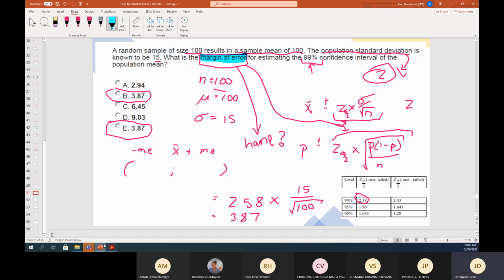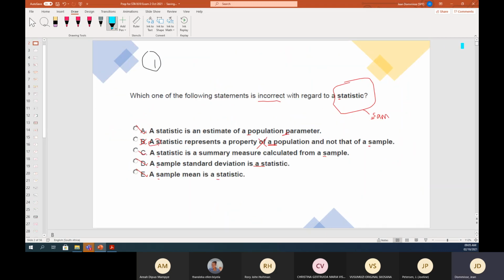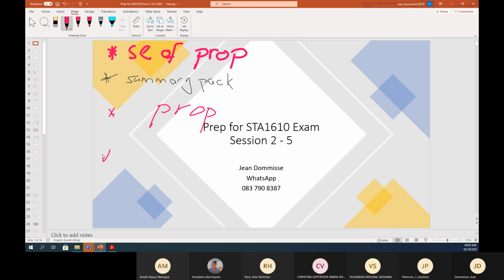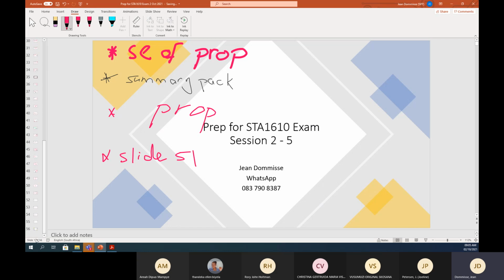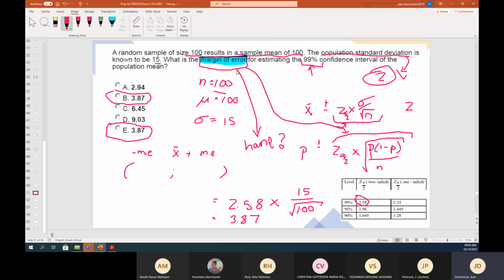That is slide 51. I need to make myself a note. But I'll check for you so that if there is another name or another thing that they use, you know what to do.